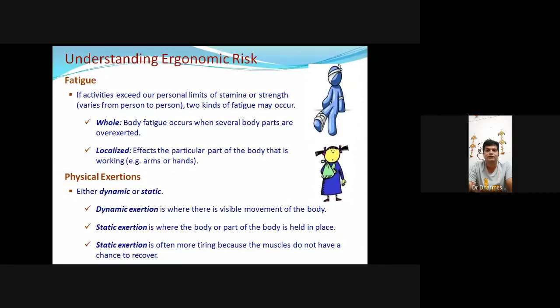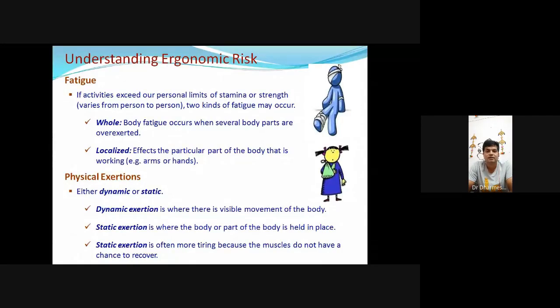Whole body fatigue happens when we hold our body in an extended position, and localized fatigue affects the particular part of the body that is working, like the arms, hands, upper limb or lower limb. Localized means it affects only one part of the body instead of the whole body.